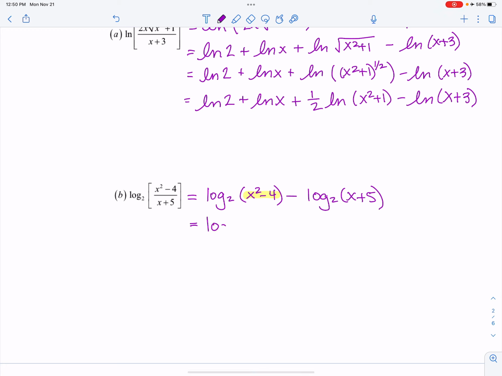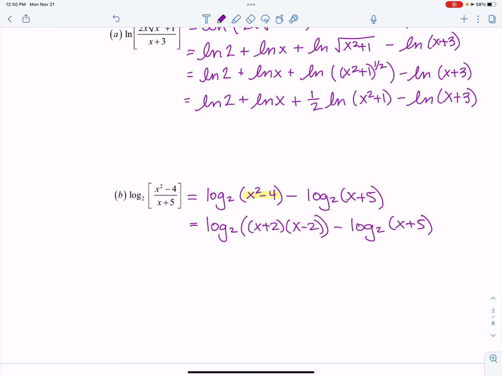So think about this. X squared minus 4 we can rewrite as x plus 2 times x minus 2. So we're referring back to those factoring days of algebra. Then we have log base 2 of x plus 5.